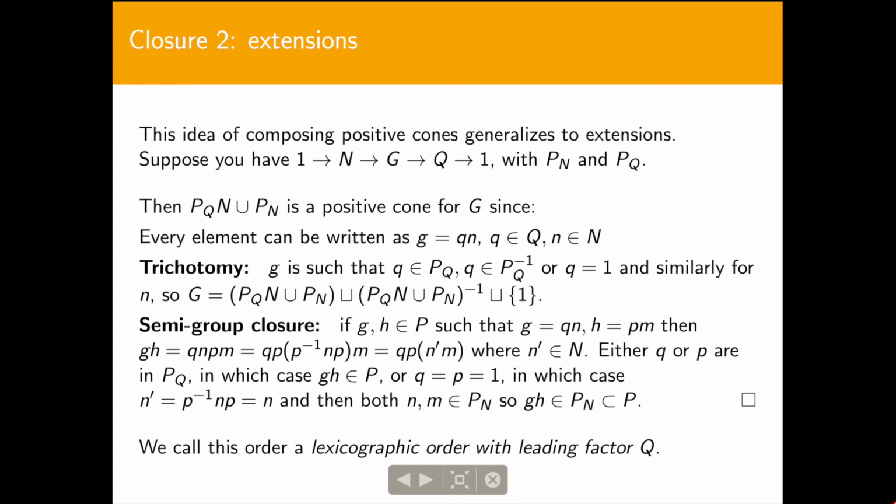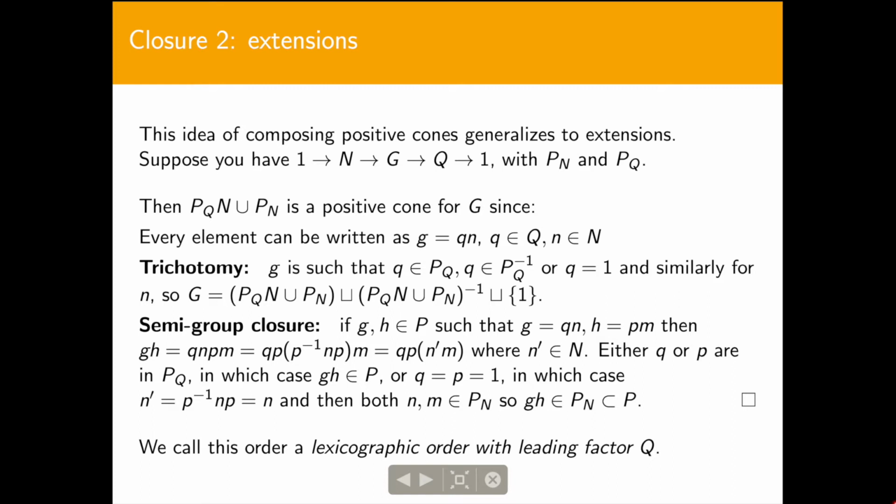To show semigroup closure, if g and h are in the positive cone, then you can write g as qn, h as pm, and now you want to multiply them together so that they're in the positive cone. Now gh will be equal to, of course, qn pm, but now we want to shift the p so that it's next to the q.